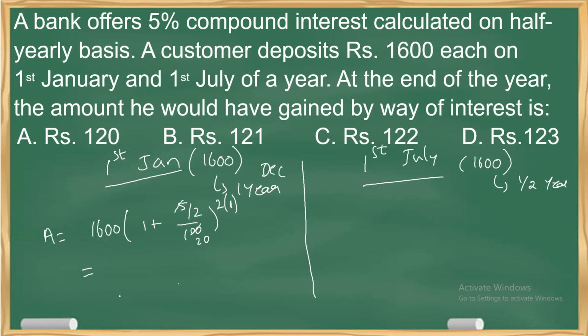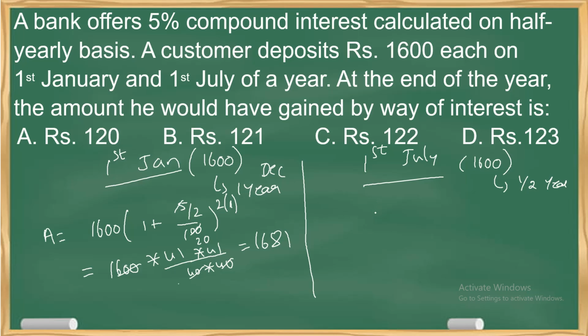That would be better. So 520 times and 1 by 40 or 41 by. So 1,600 into 41 into 41 by 40 into 40. So the answer is 1681. Yeah, correct.